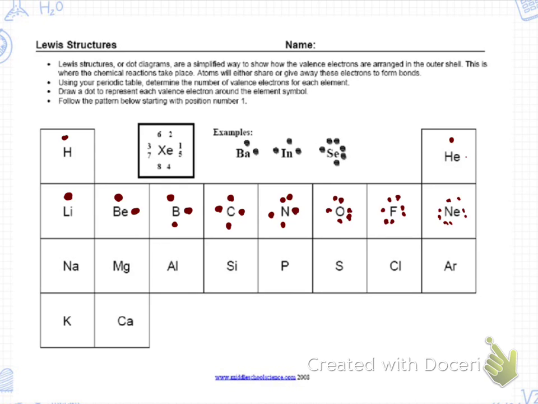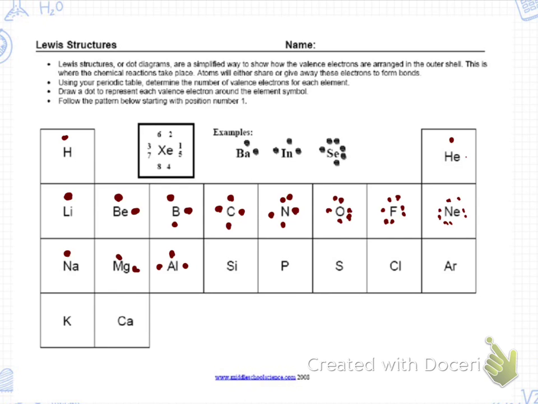There we go. So as you might imagine, the pattern continues. Here we have sodium that has 1 electron. Magnesium is 2 because it's in group 2. Aluminum is 3 because it's in group 3, and on like that. Okay, so you can finish filling in this table.